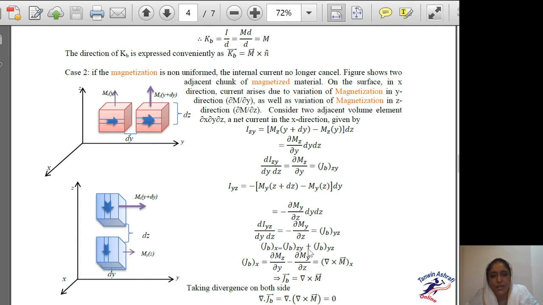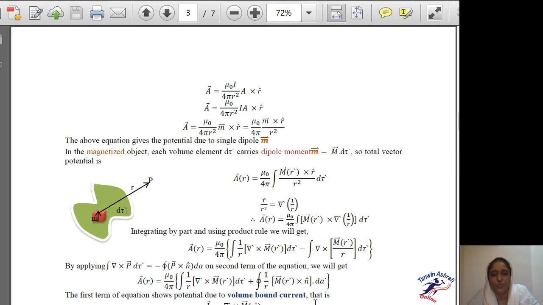Now this is the actual term of the x component of del cross M. That result shows that the vector J_b is nothing but del cross M. Now taking the divergence on both sides, we know del dot J is equal to 0. Similarly, divergence of a curl is equal to 0. This shows that the divergence of the bound current density is 0.